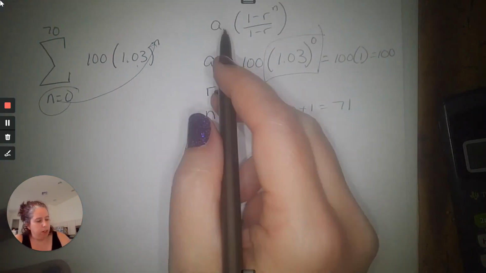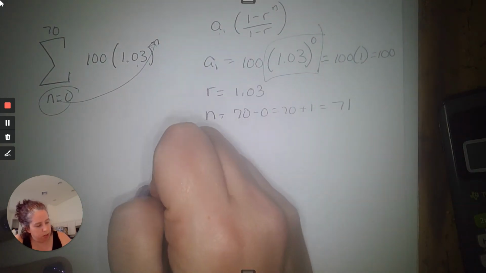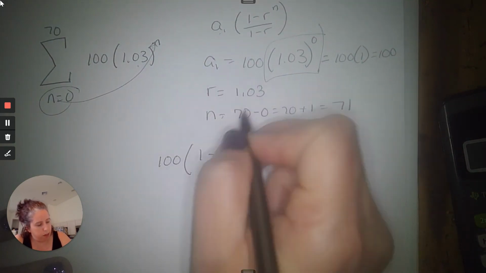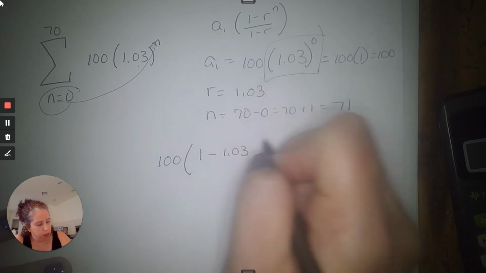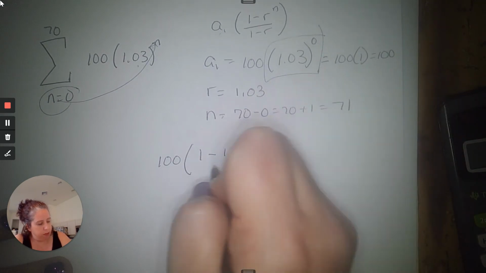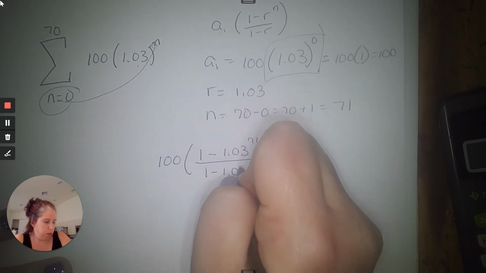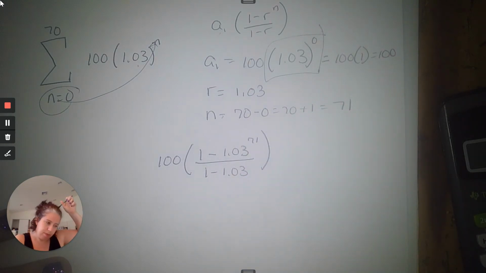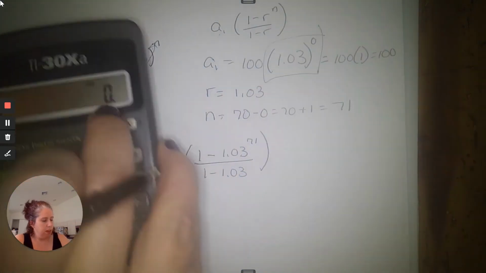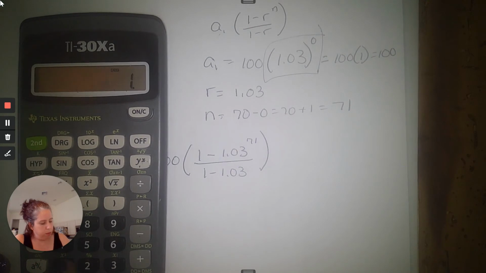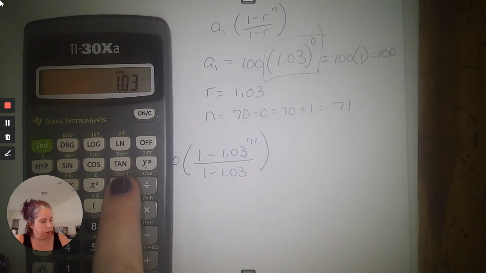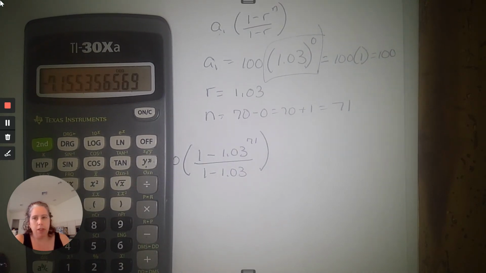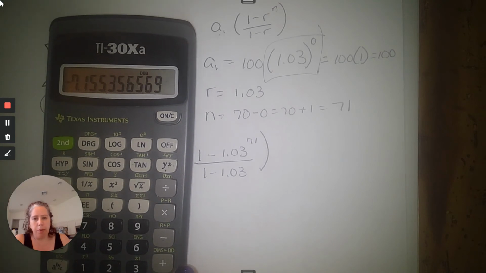Okay, now let's plug it in. So we need A1, so it's 100 times 1 minus R, so 1.03, to the n power, divided by 1 minus 1.03. So we got 1 minus 1.03 raised to the 71st power. Okay. Don't worry about what the number looks like.